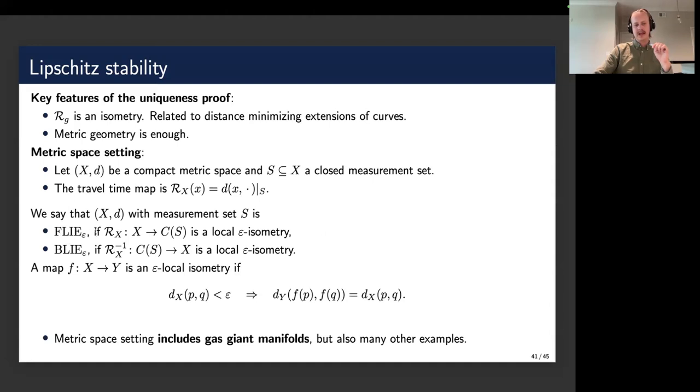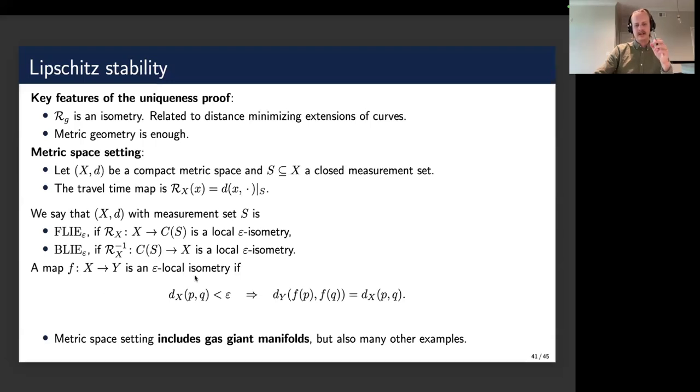So in the first, PLI case, we will assume that this travel time mapping is a local epsilon isometry, and the BLI case would then mean that the inverse of this mapping will be a local epsilon isometry.